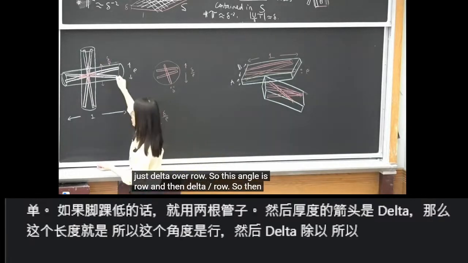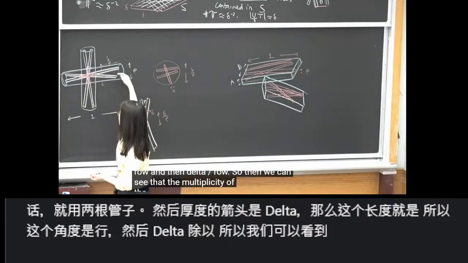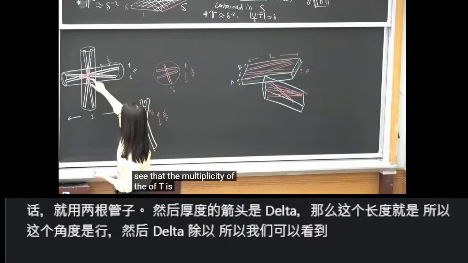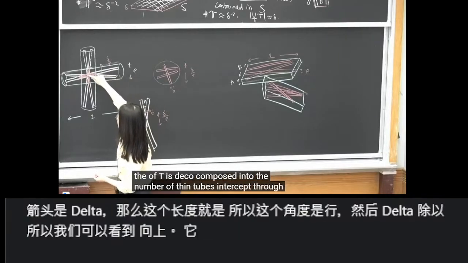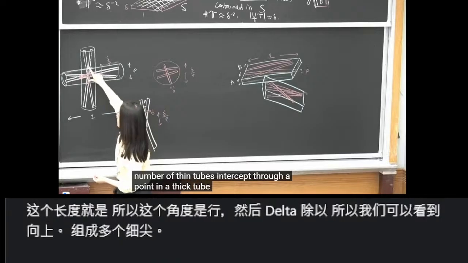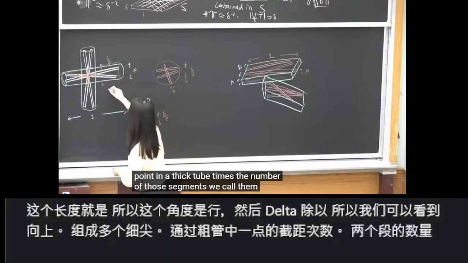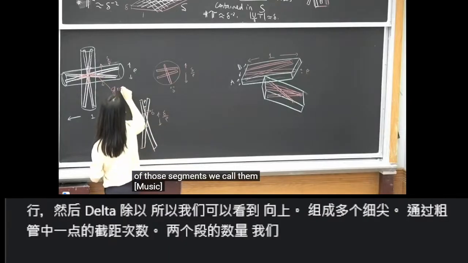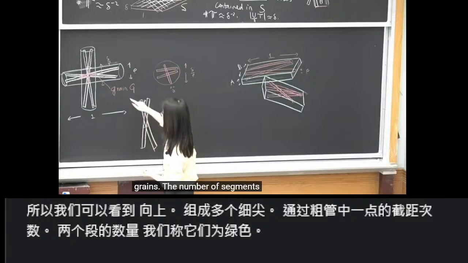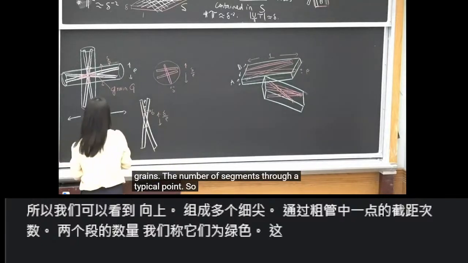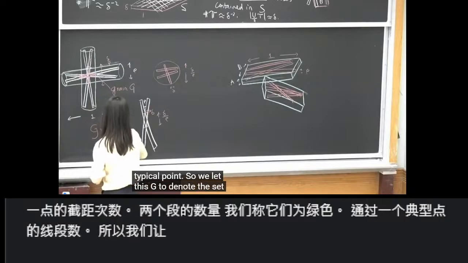So then we can see that the multiplicity of T is decomposed into the number of thin tubes through a point in a thick tube times the number of those segments. We call them grains. The number of segments through a typical point. So we let G denote the set of grains.